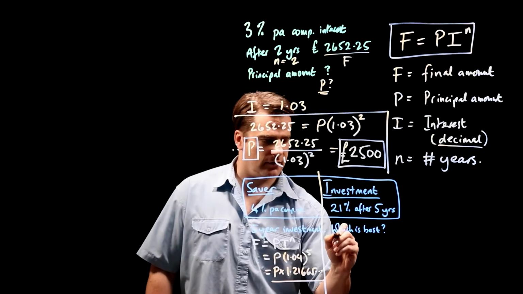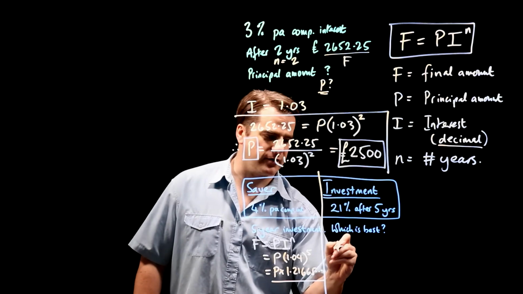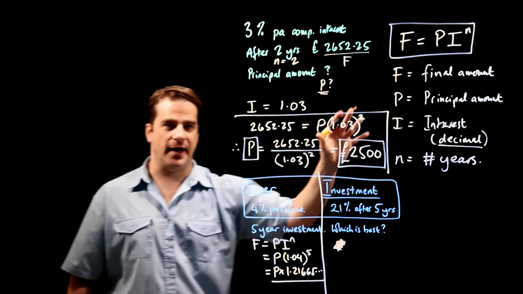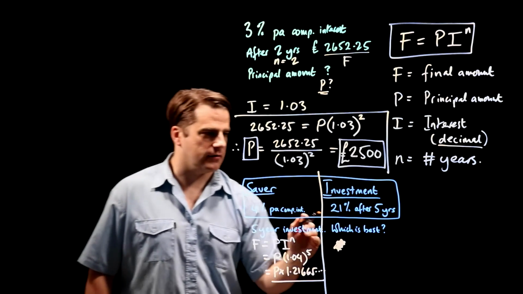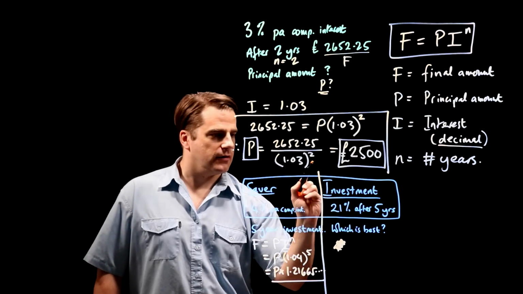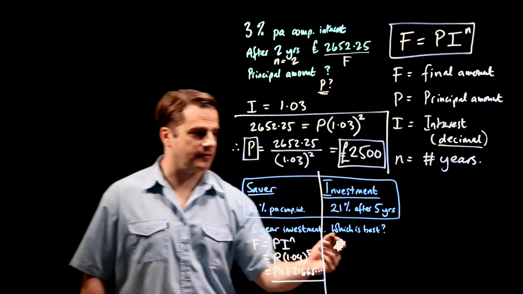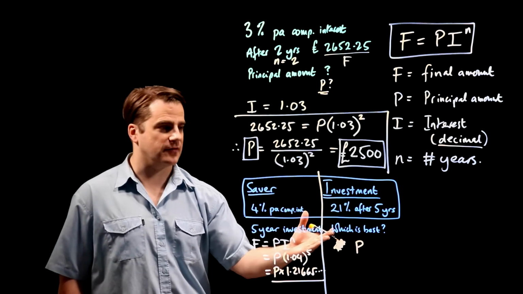Right, a lump payment of 21% after 5 years. The final amount, no, I'm not going to use F because I don't want to. I want you to associate F equals PIN with compound interest, okay? I'm just going to write down the calculation. You're quite simply paid 21% of however much you invested, the principal amount.